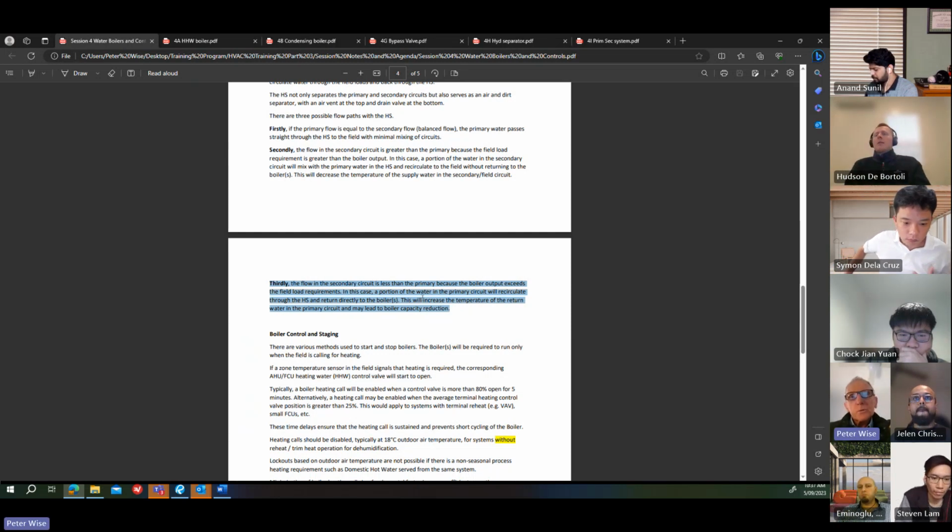So in this case, a portion of the water in the primary circuit will recirculate through the separator and return directly to the boilers. This will increase the temperature of the return water in the primary circuit and may lead to boiler capacity reduction, which means the controls in the boilers will reduce the heat input to the boiler to try and compensate for the reduced load in the field.